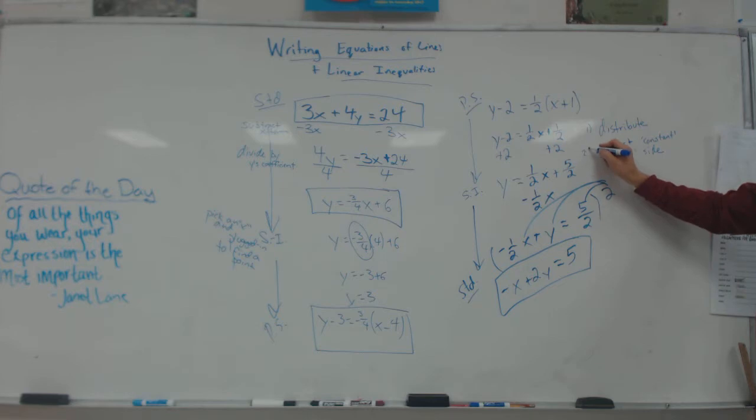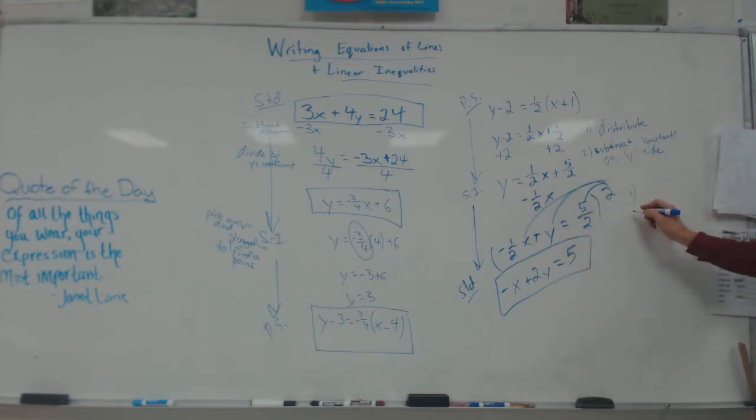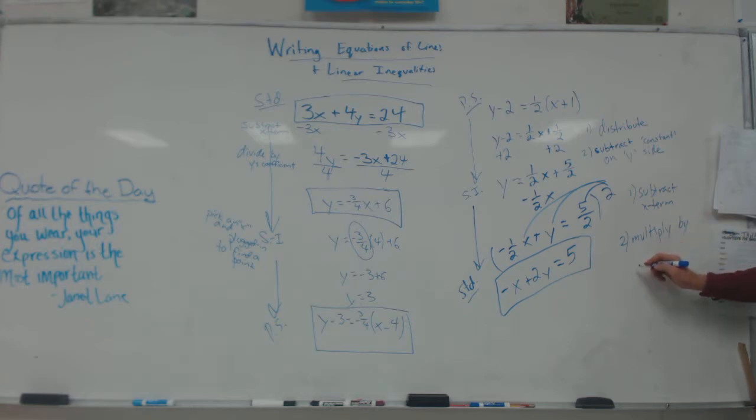So 2 steps. To get from slope-intercept to standard form, there's really just one step. We just subtract the x term over. And then we can kind of optionally multiply by the least common denominator to clear fractions.